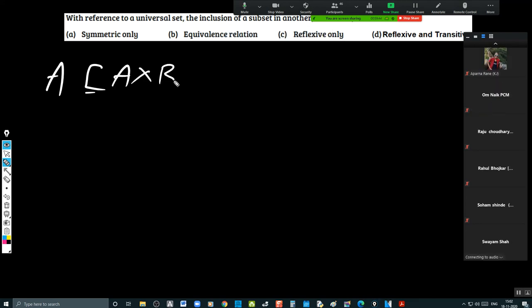Universal set means A cross B. Yes, sir. Then is it symmetric? Equivalence, we can see that later. And reflexive and transitive, that's what you have to see.